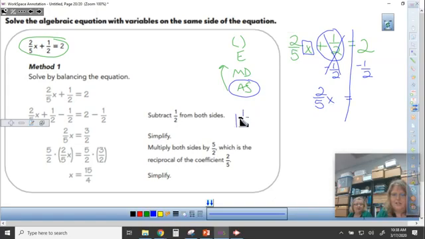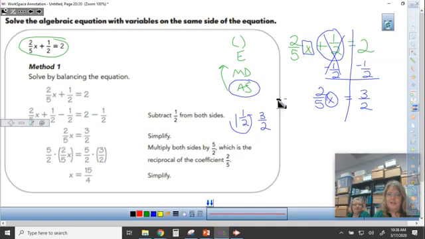I'm going to write that right over here. I'm going to choose to write 1 and 1/2 as an improper fraction. Whole number times the bottom number, add the top. I'm getting 3/2. I'll show you why I chose to do that in just a second. So now I still have this x not all by itself, attached to 2/5, the coefficient. I want it to be all by itself.